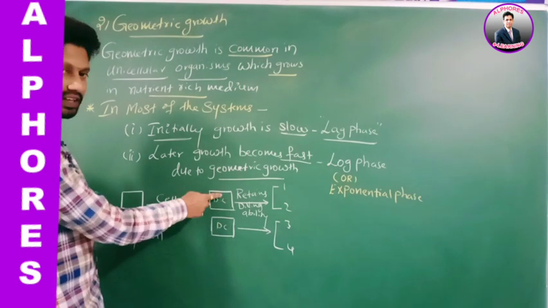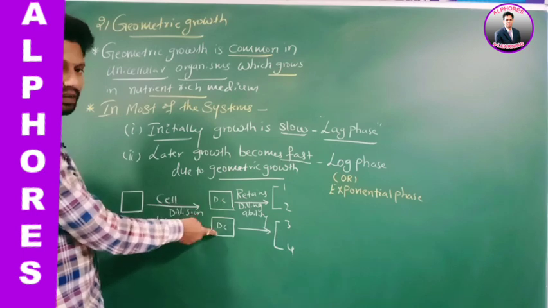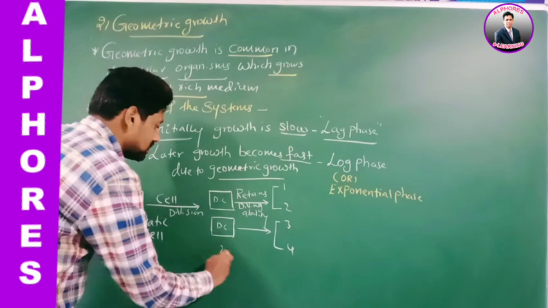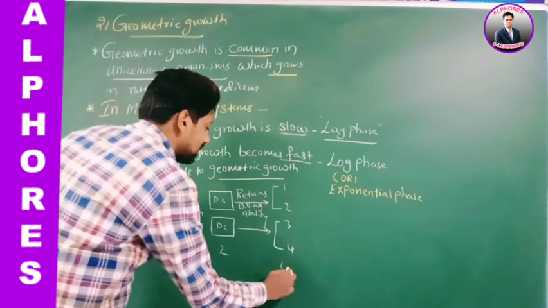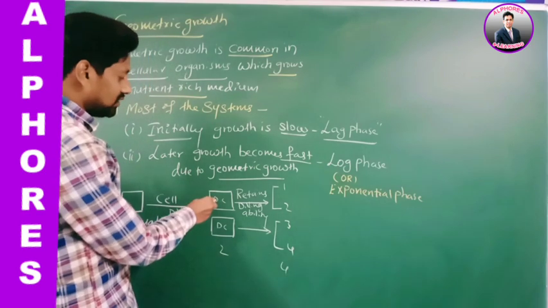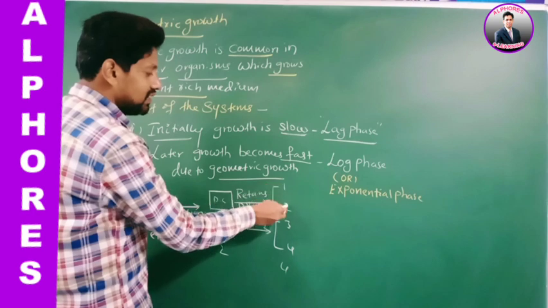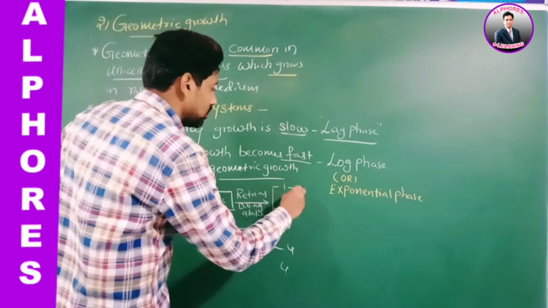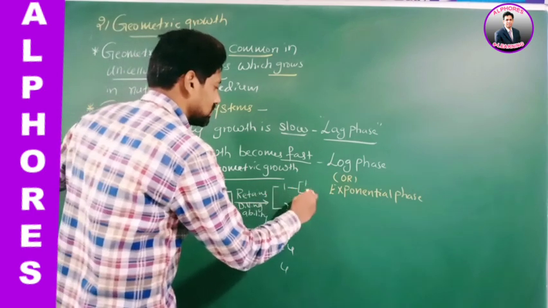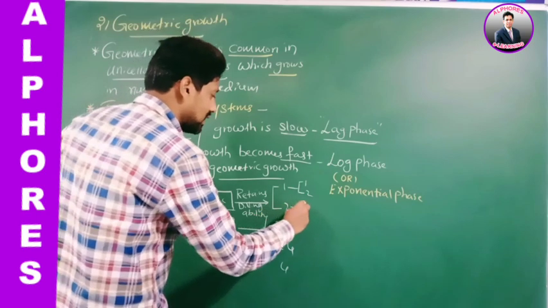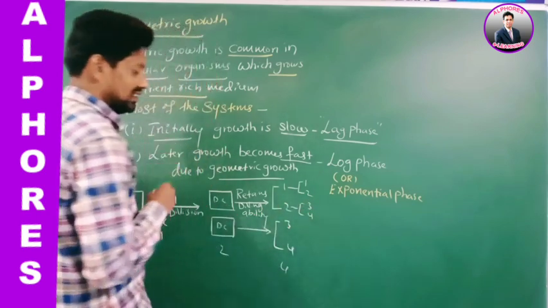Both the cells retained dividing ability. It means both are meristematic. When these 2 cells divided, how many cells did we get? 4 cells. When this cell divided, 2 cells. Both the cells retain dividing ability. So this meristematic cell produces 2 cells, and this also meristematic produces 2 cells.